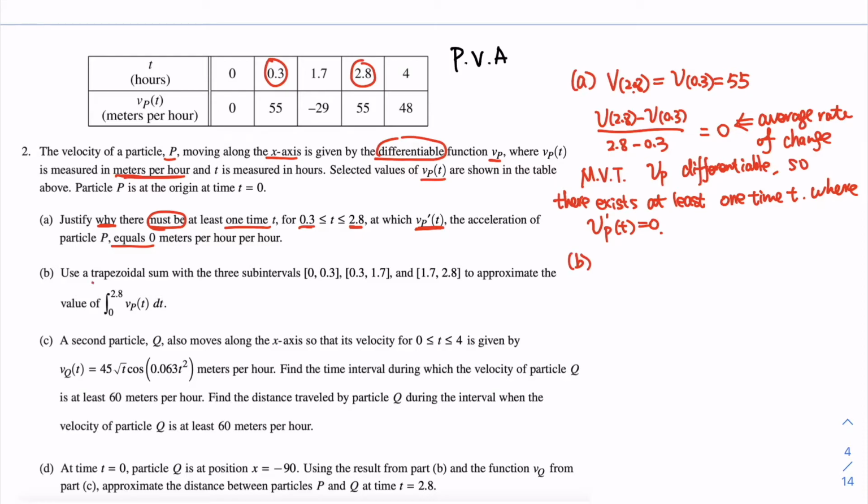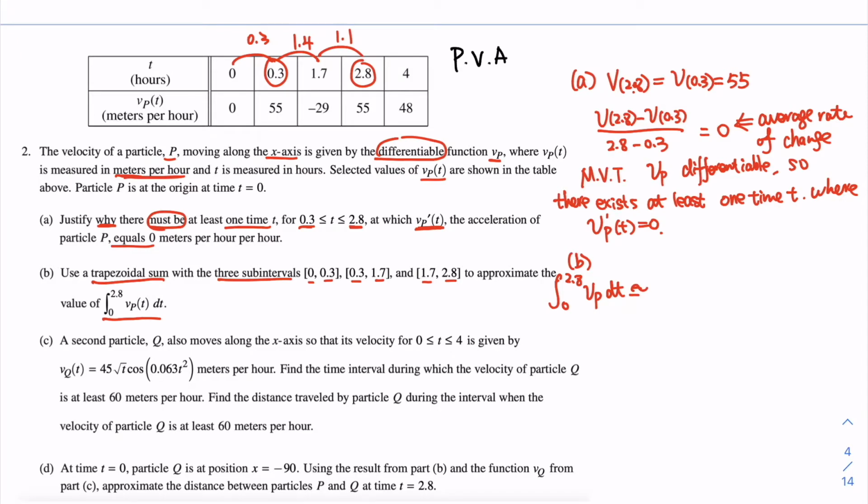Use a trapezoidal sum with 3 subintervals, 0.3, 0.3 to 1.7, 1.7 to 2.8, to approximate this integral. So trapezoid Riemann sum. The delta x values are 0.3, 1.4, and 1.1.